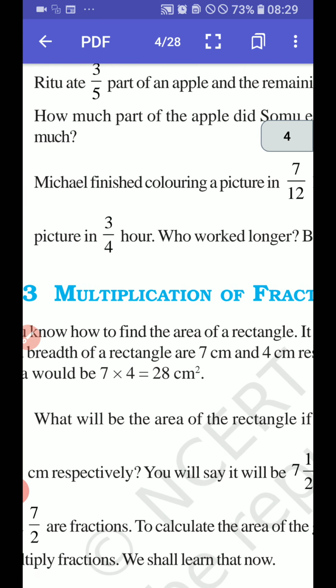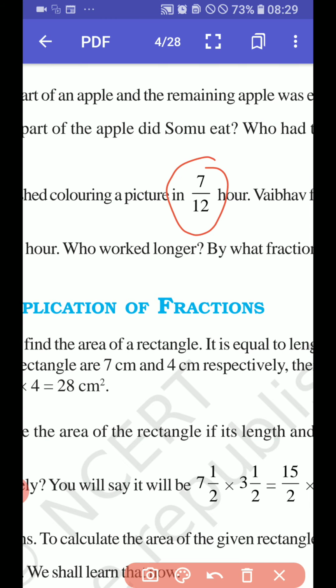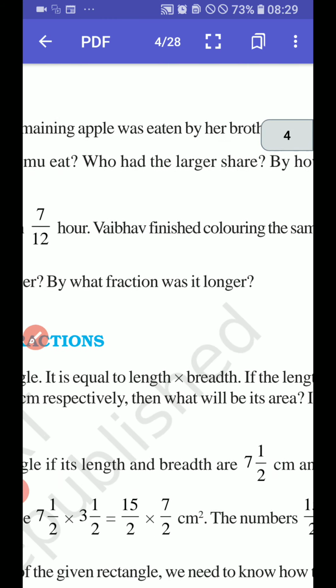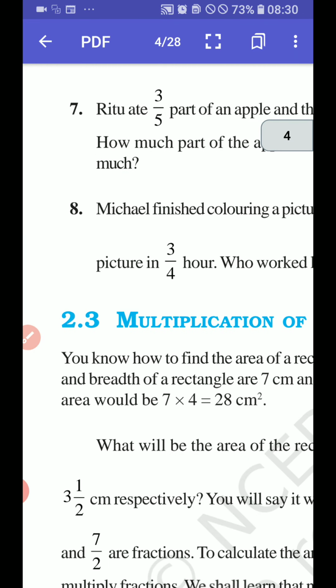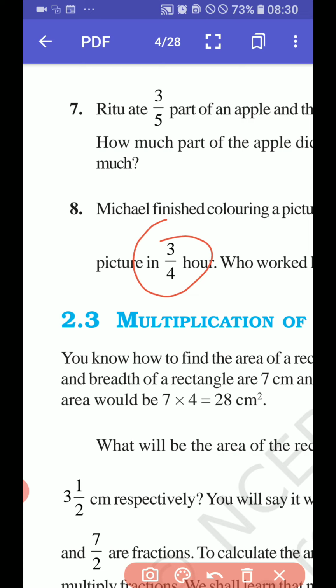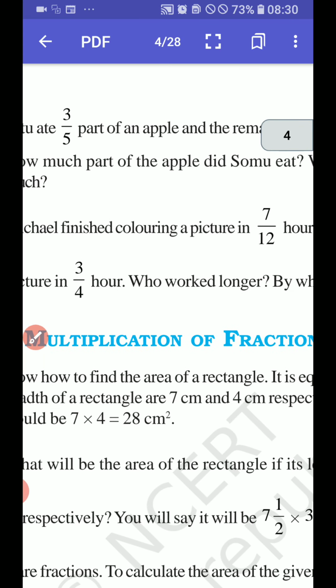The coloring hour of Michael in the fractional form is 7 upon 12. And the coloring hour of Weber is 3 upon 4 hour of the same picture. The question is, who worked longer?